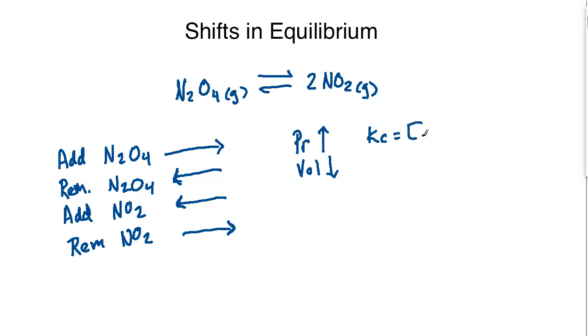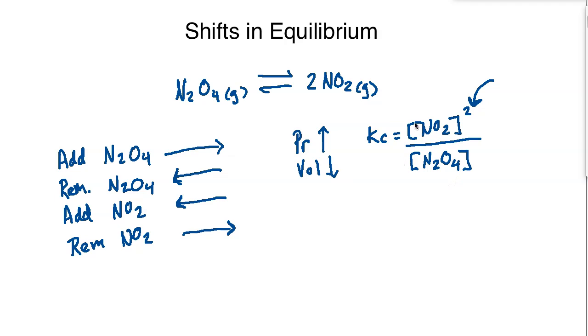So Kc is going to be the concentration of nitrogen dioxide squared due to the stoichiometric coefficient over the concentration of the dinitrogen tetraoxide. Now keep in mind that in a situation like this, I have the squared growth up here, whereas at the bottom I do not have that squared growth.